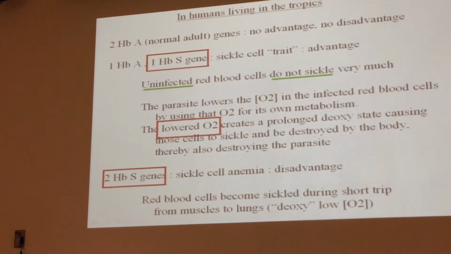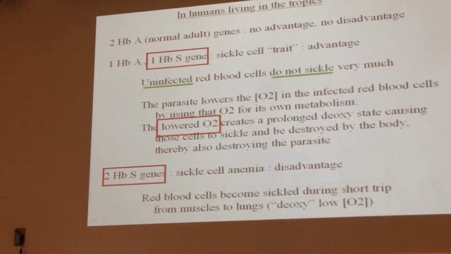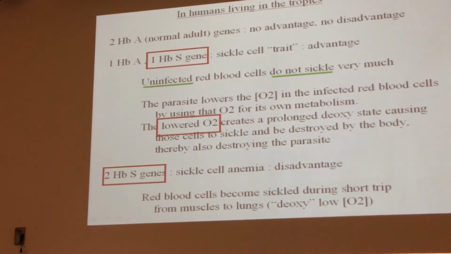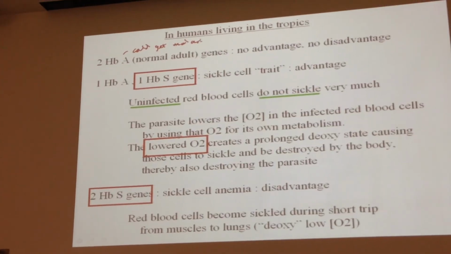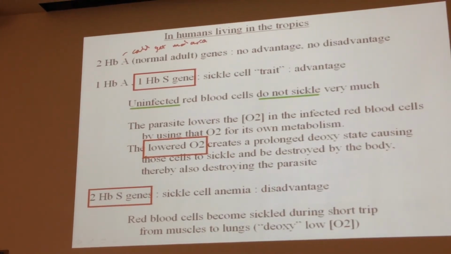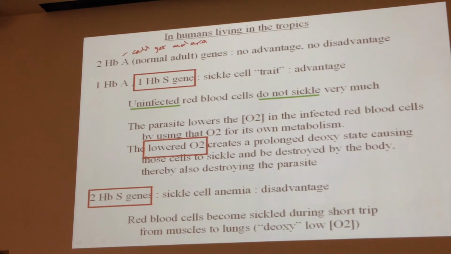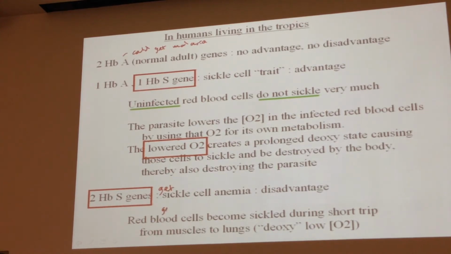They could get malaria, but they don't have the blood disease. Human beings with both copies of the hemoglobin S gene, the one with this nonpolar valine on the surface, can get malaria and sickle cell anemia. So they're really bad off.